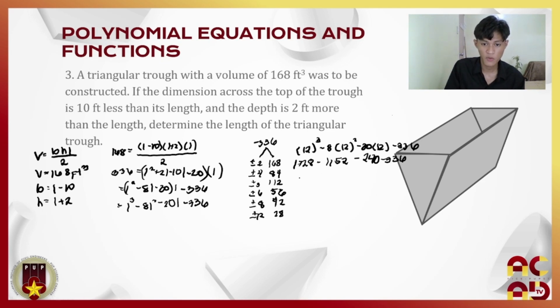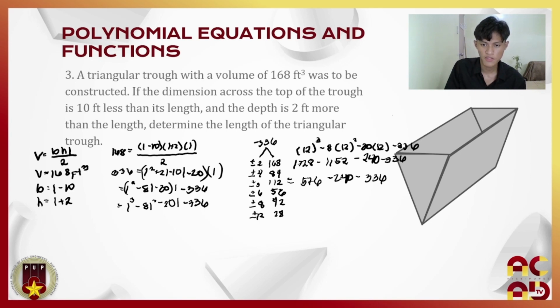So we have this equation. So kailangan mag-equate to sa 0 para masabi nating root yung 12. So 1,728 minus 1,152, we have 576. Then minus 240 and then minus 336.